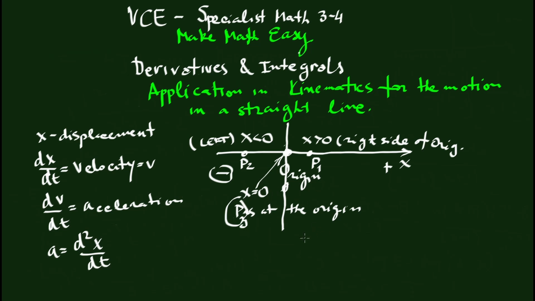So similarly, say the particle is somewhere around here, and obviously that's position, say, number 4. Say that velocity here is greater than 0.